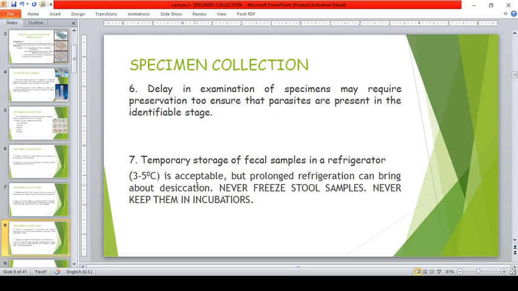So 3 to 5 degrees Celsius is acceptable, but prolonged refrigeration can bring about desiccation. What do you mean by desiccation, guys? So, drying. So, madadry yung sample kapag matagal na ref. Never freeze stool samples and never keep them in incubators also.